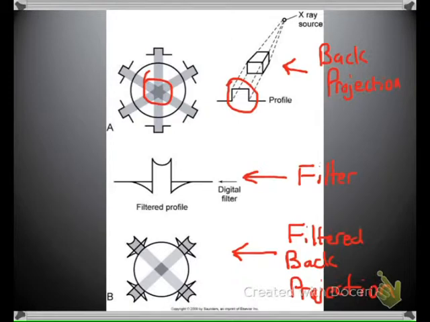However, if we pass it through the filter, then we now have what we were actually supposed to see, which is a square. And that's simply because of the use of a filter. That's why it's essential for us to have filtered back projection when using CT.